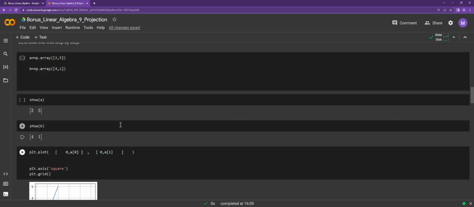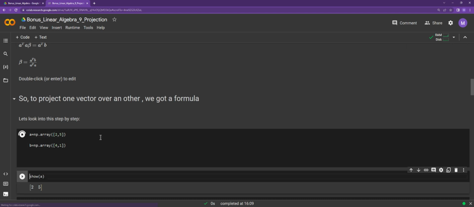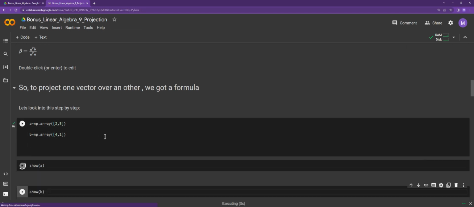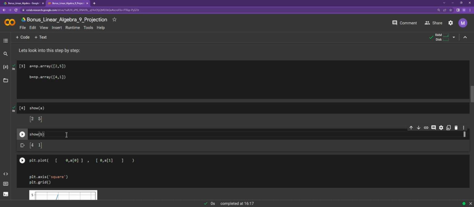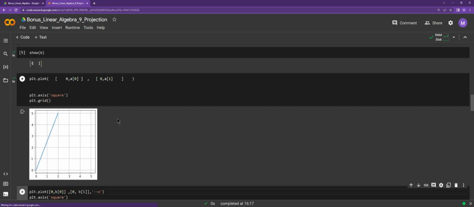Well, like in Python, technically. So let's have these two vectors. So we have vector A and vector B. I'm just going to plot vector A first.